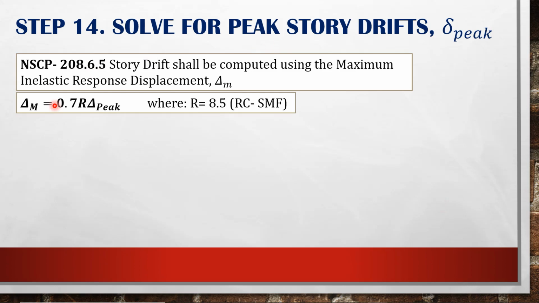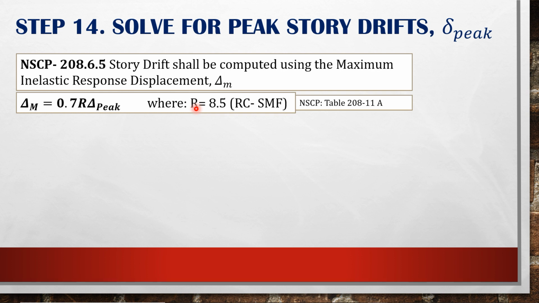Ano naman itong R, no? Itong R, ito yung value ng R dito is yung 8.5. Galing ito sa reinforced concrete special moment frames, no? Sa NSCP 2015 table 208-11A.